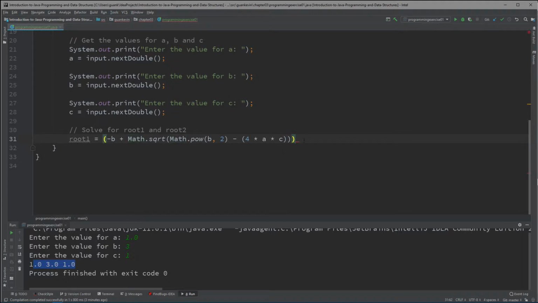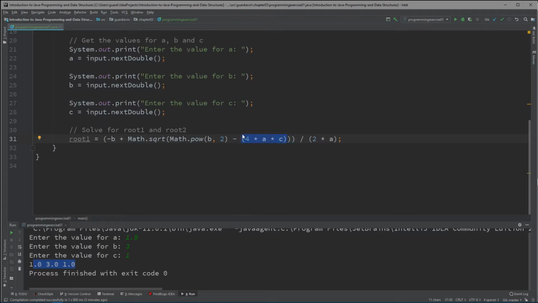Now, look at these parentheses. The order of parentheses matters. So before I say anything else, let me do this first: 2 times a. Okay, now what happens? You'll see this parentheses that's wrapped up right here. It'll perform this first within here, and this will be performed in here.